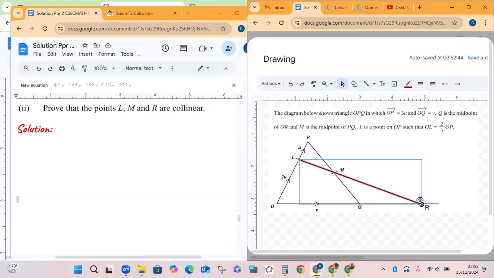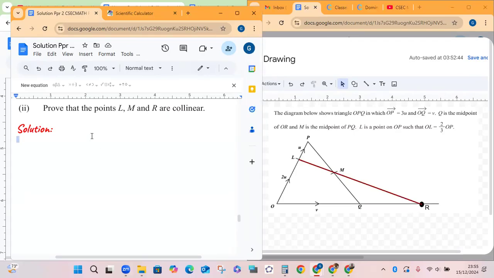So let us prove that really and truly they are collinear. First thing, let us get two vectors. Just by looking at this, we can get a vector LM and LR.